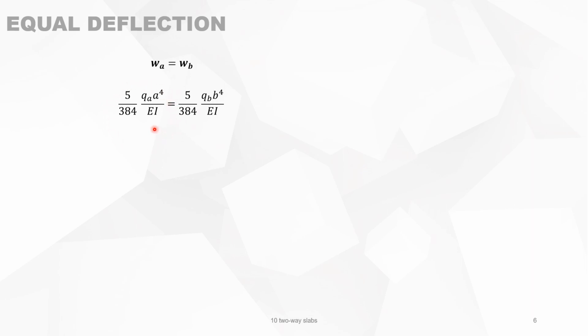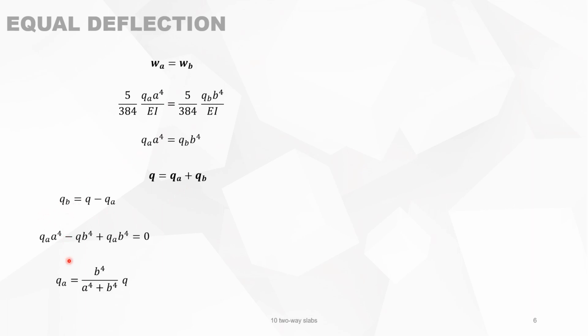This is the deflection. Uncracked section must be equal to that. You can simplify it and you got this relationship. But we know that the total load is the sum of the two loads QA plus QB. And now you can start with substituting QB in this formula.